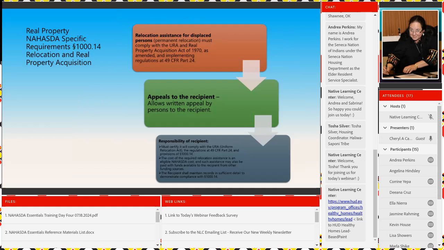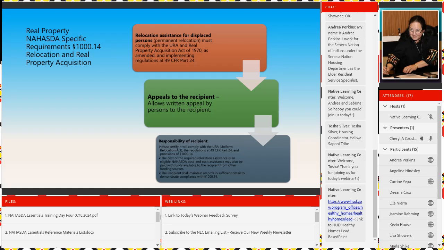The relocation assistance for displaced person, if it's a permanent relocation, must comply with the URA and the Real Property Acquisition Act of 1970, as amended, and the implementing regulations at 49 CFR Part 24. Appeals to the recipient allows for written appeals by the people it affects to you as the recipient.